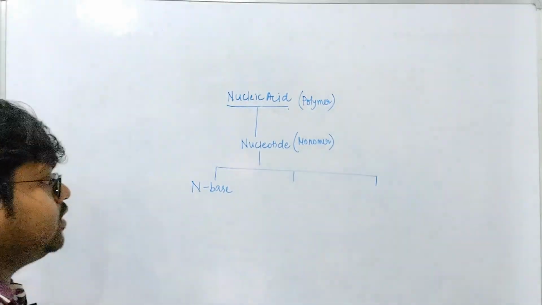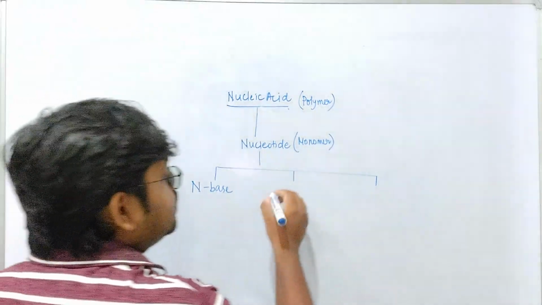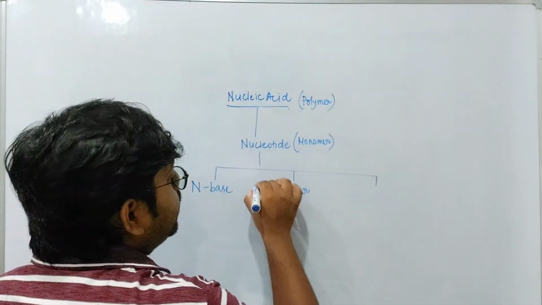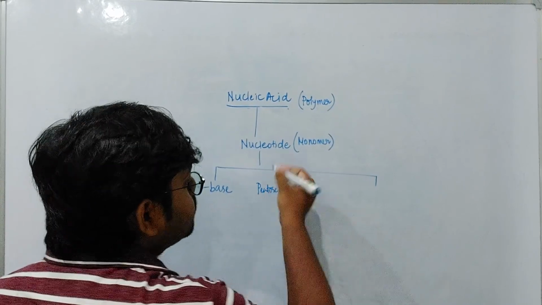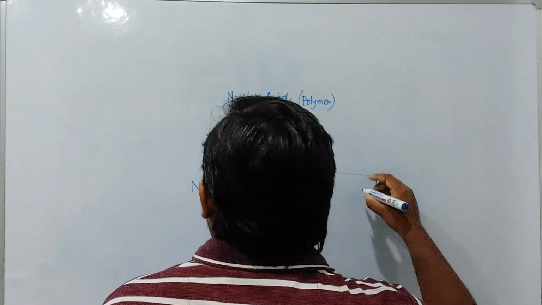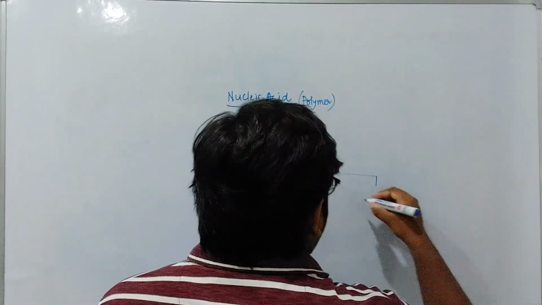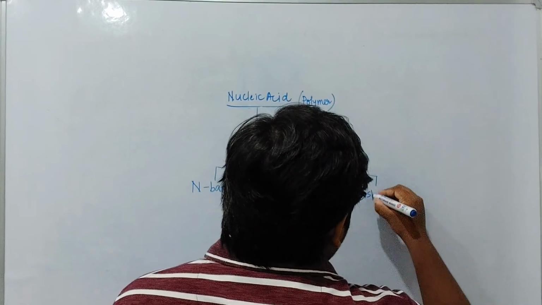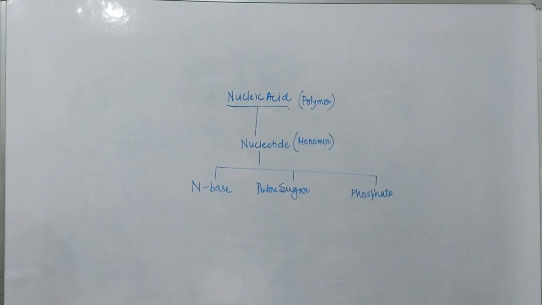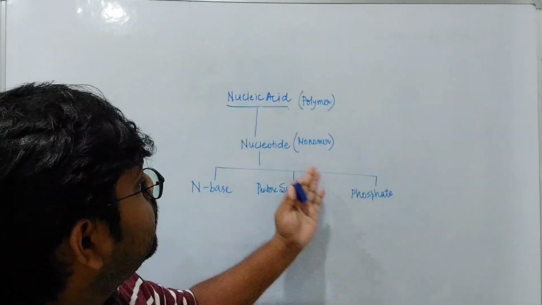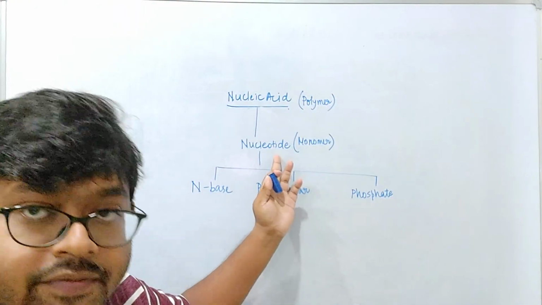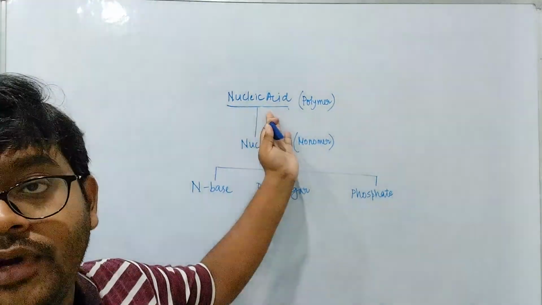There is a sugar made up of 5 carbon, so we call it pentose sugar. And also there is a phosphate group. So these are the three components of nucleotide. They combine and one nucleotide is formed. Several nucleotides combine and the nucleic acid is formed.